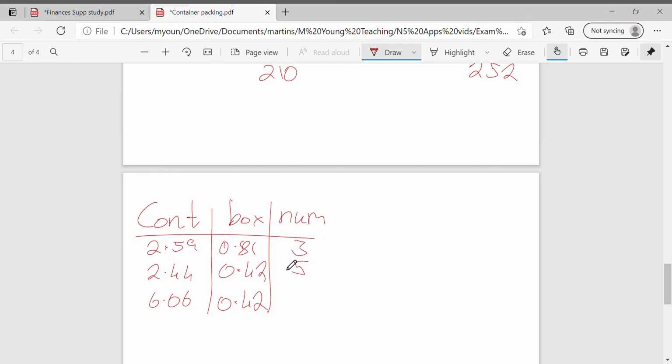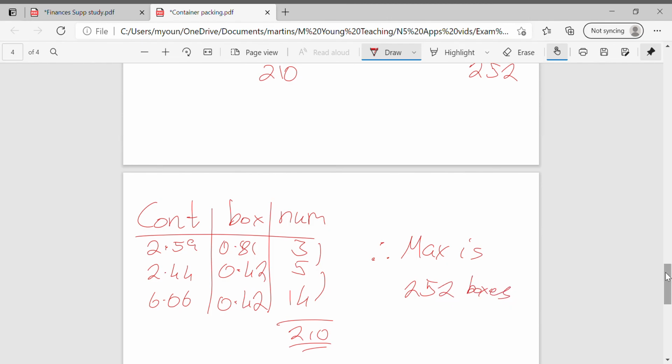And 6.06 divided by 0.42 is 14. Times these together, 3 times 5 times 14, and that's actually 210 again. So the max is 252 boxes.